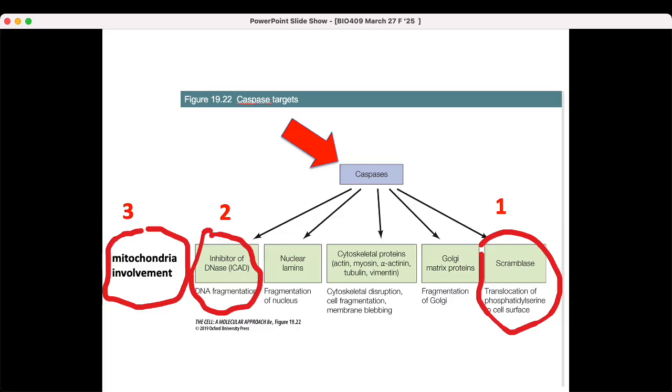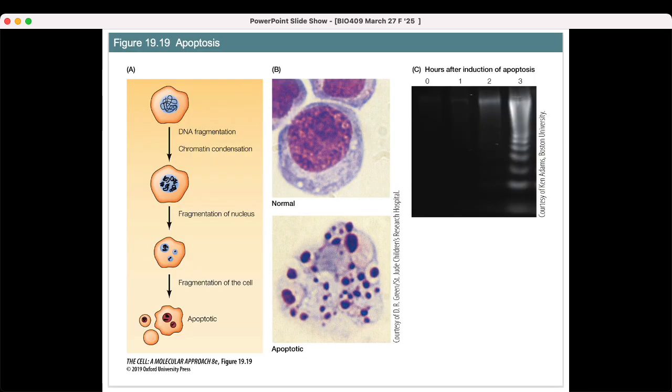So here's the second one, just to mention, and that is that another feature of apoptosis that scientists saw for years is that as the cell is dying, it just starts chewing up its own DNA. And I think there's a figure in your book that shows this.